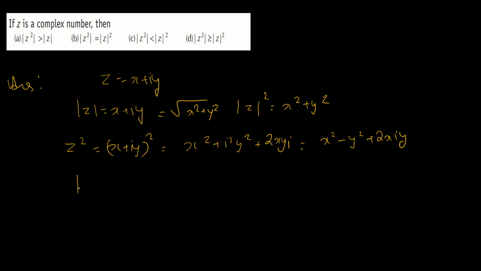So what is mod z square? Mod z square equals root of (x square minus y square) the whole square plus (2xy) the whole square.